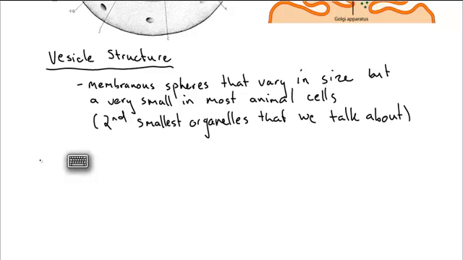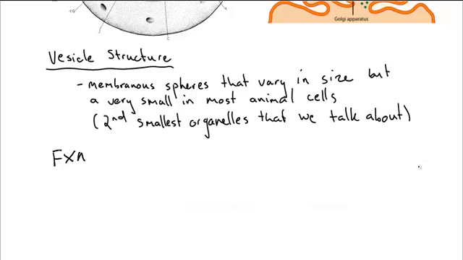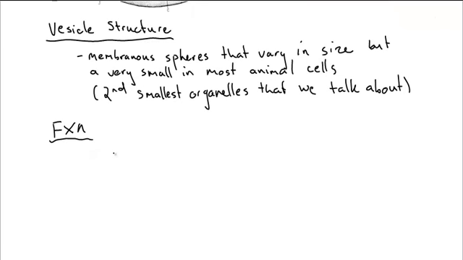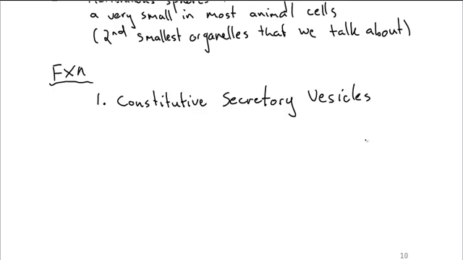And there's really two categories of vesicles based on function. First we have constitutive secretory vesicles. If you do something constitutively, it means you do it automatically or all the time.